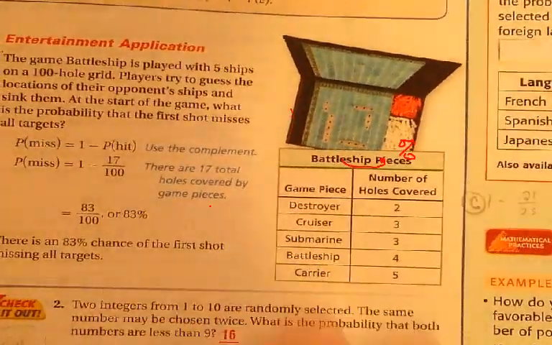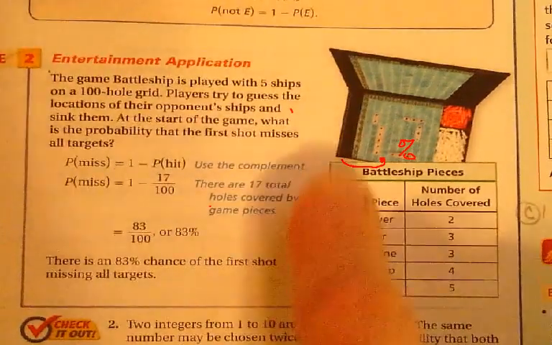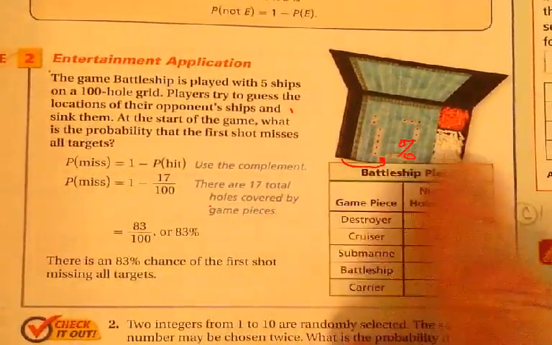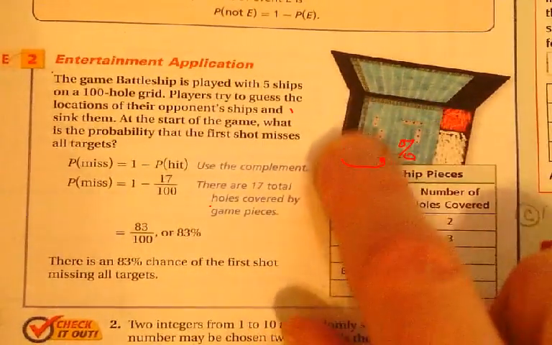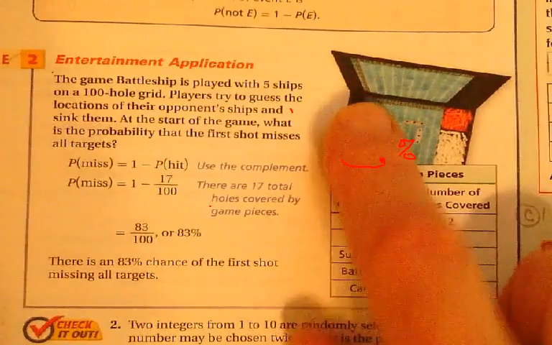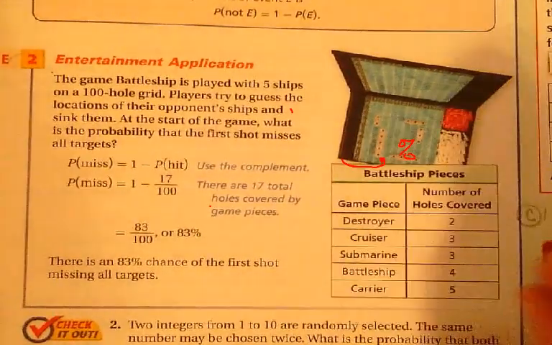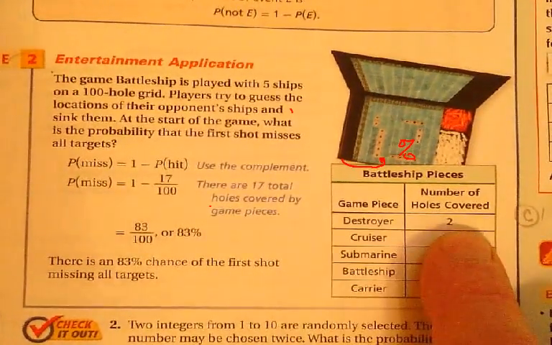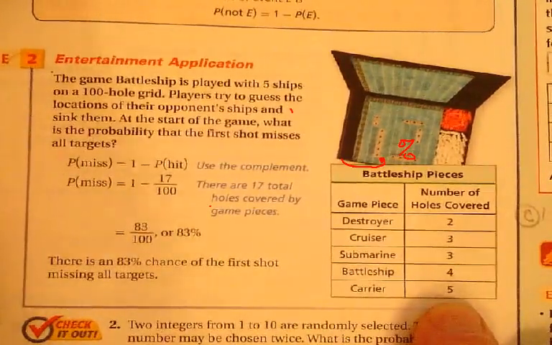So the problem here says we've got the game of Battleship. If you've ever played Battleship, you know you've got a box that has 100 holes in it. And then each ship covers up a certain number of holes. So the destroyer covers 2 holes, the cruiser covers this, the carrier covers 5 holes.